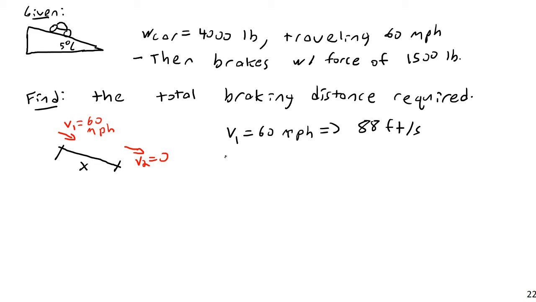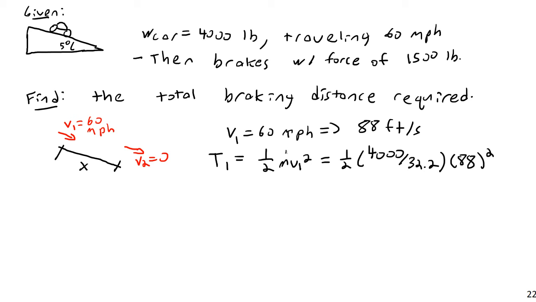Fairly easy to get. And T1, the kinetic energy at 1, is going to be 1/2 m v1 squared, which will equal 1/2 times, now notice I have the weight of the car, 4,000 pounds, but I need to convert this to a mass. So 4,000 divided by 32.2 times v1 at 88 squared.